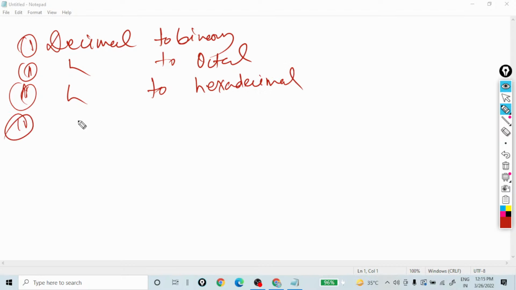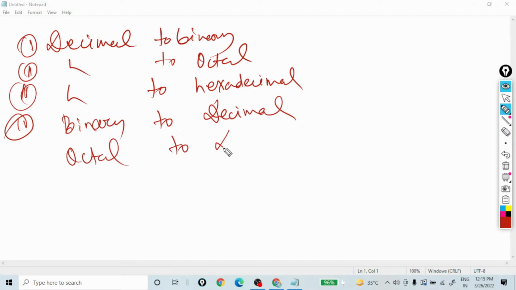Next we will study binary to decimal, then octal to decimal, and hexadecimal to decimal.